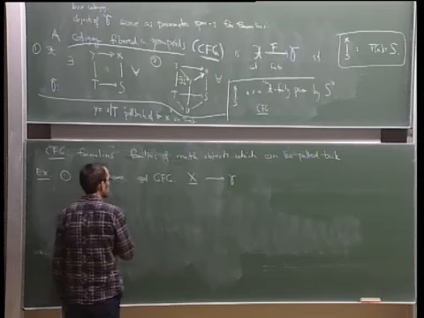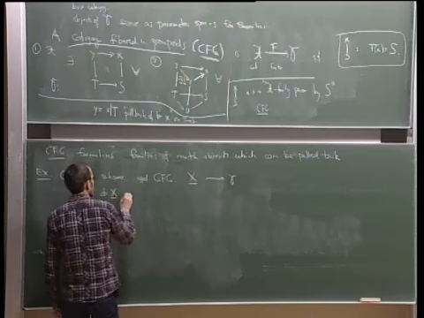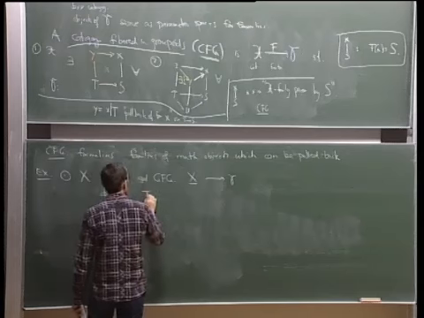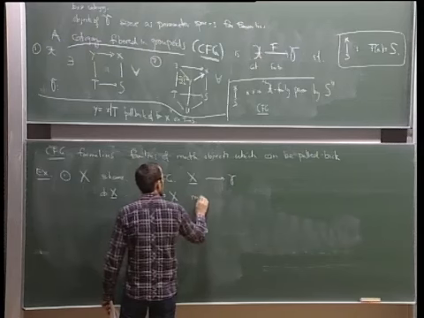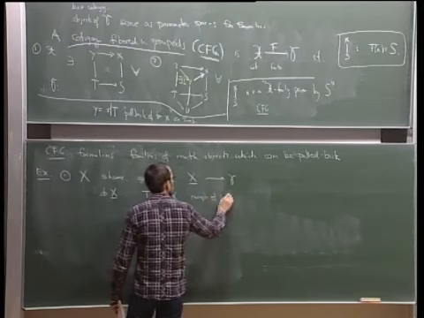Okay. So the objects of X underlined are morphisms of schemes.